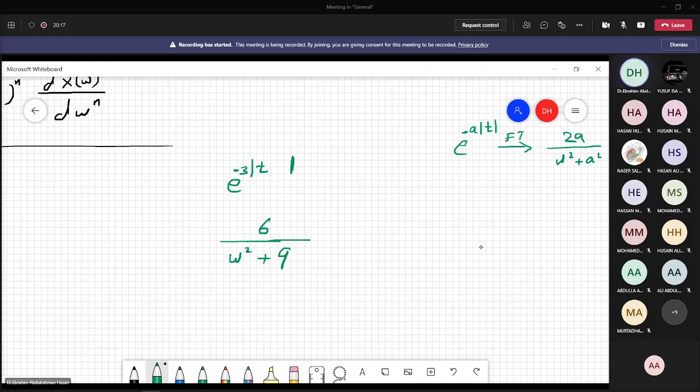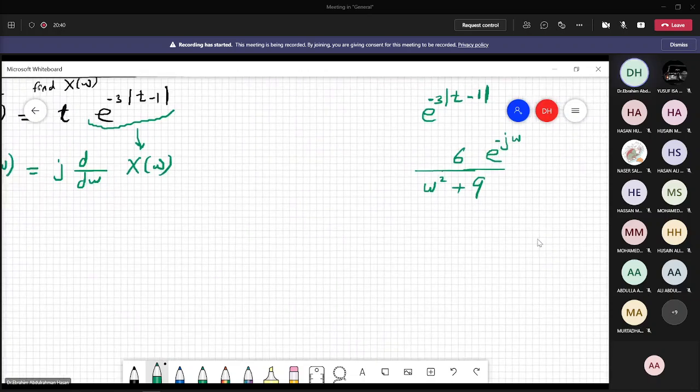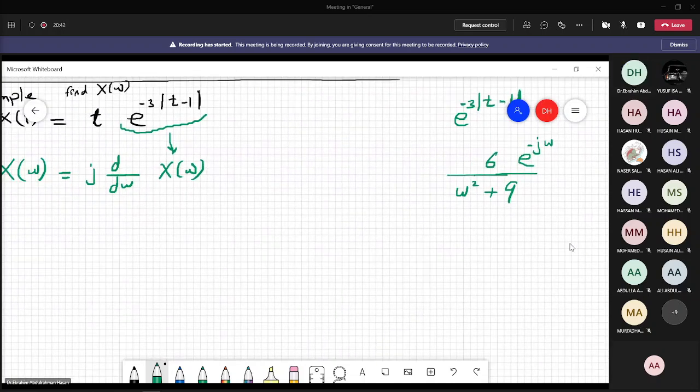Okay, if we have the shift, we know that for the shift we just multiply by e to the power of, here we have minus 1, so it is minus j omega multiplied by a equal to 1. So then it is 6 e to the power of minus j omega divided by omega square plus 9.